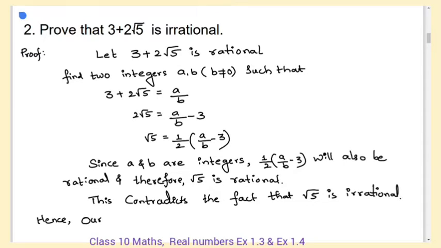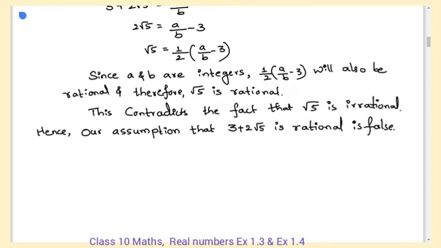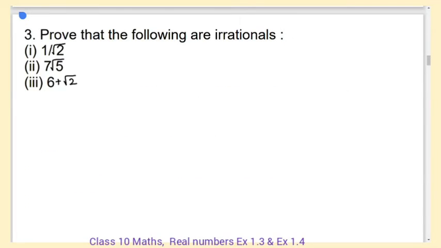Hence, our assumption is wrong. Our assumption that 3 plus 2 root 5 is a rational number is false. Therefore, 3 plus 2 root 5 is irrational.